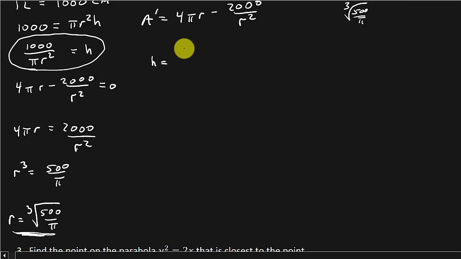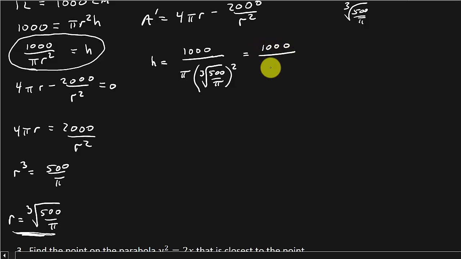So h is equal to 1,000 over pi times the cube root of 500 over pi squared. All right. And so this is going to give us 1,000 over pi times 500 over pi to the 2/3. I just converted the radical into exponential form.